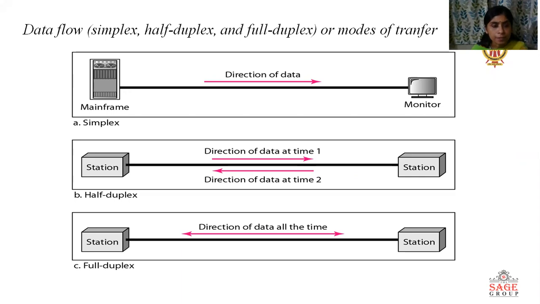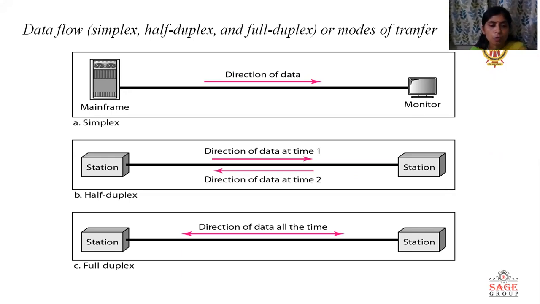The transmitter only sends data and the receiver only receives data. No right is given to the receiver to transmit data. The direction of data flow is only one way, from transmitter to receiver.